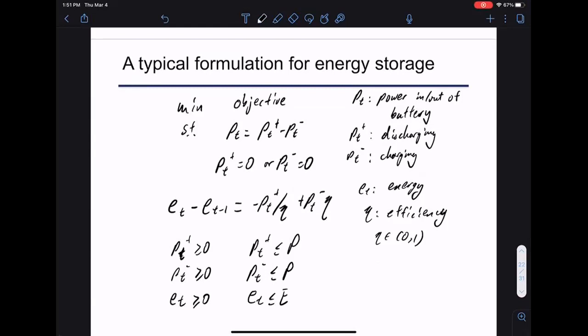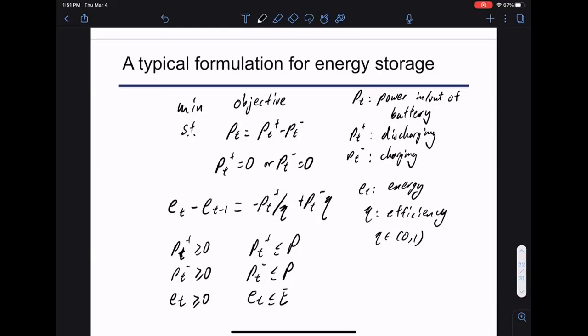Okay, so these are fairly simple constraints that capture the battery. And if you take this, then you can put these into the optimization problem and solve it. So this is how we operationally or algorithmically think about a battery.